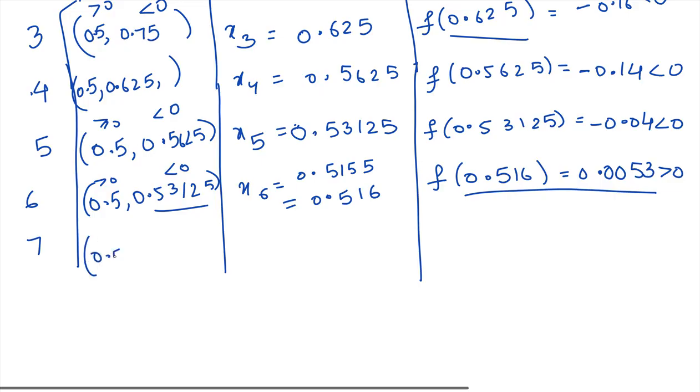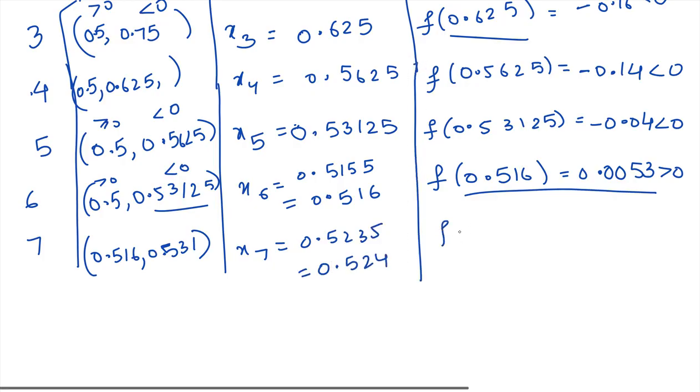So 0.516 comma 0.531. I'm just taking 3 decimals. Now what is x7? So 0.516 plus 0.531 divided by 2. So this is 0.5235, but since we are rounding to 3 decimals, it's nothing but 0.524.